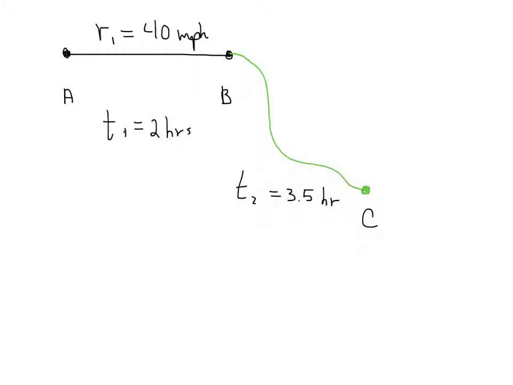You go at an unknown rate during that second leg of the trip. If your average velocity on the trip, or average rate on the trip, ends up being, I want to make this interesting, 37 miles per hour.